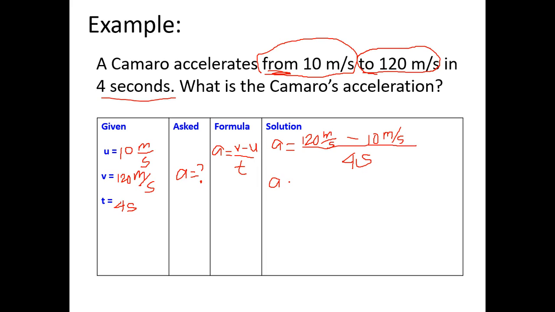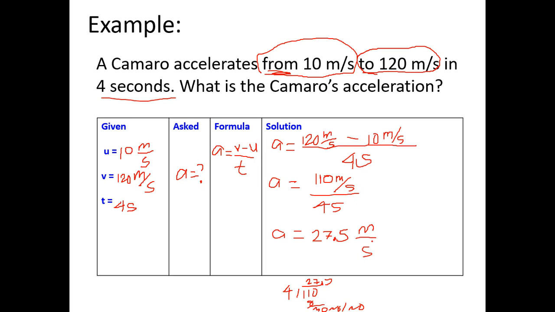So therefore, your acceleration will now give you 110 meters per second over 4 seconds. So therefore, your acceleration will now give you 27.5 m per s squared. So there is your answer.